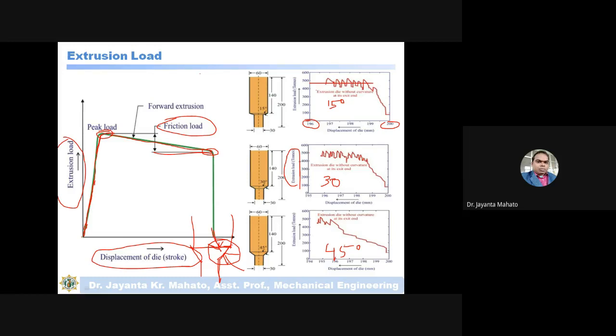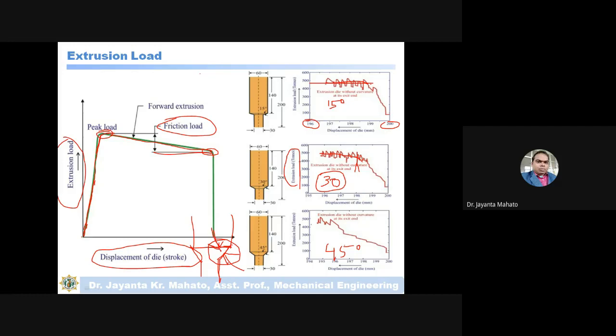So in the first case, the extrusion load remains constant around 500 throughout the process. On increasing the die angle, this extrusion load will decrease after some displacement of die.